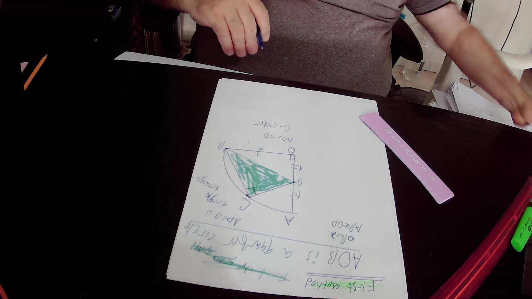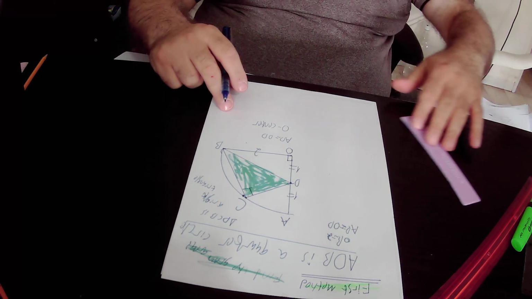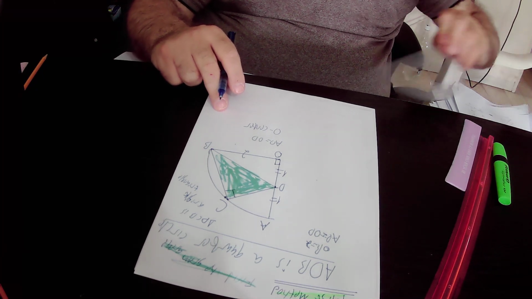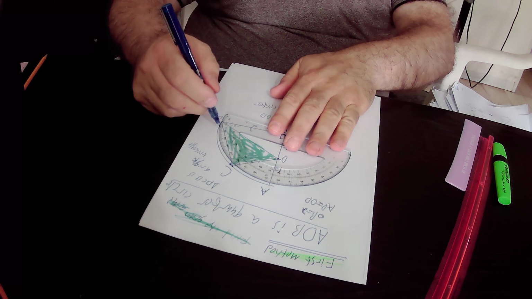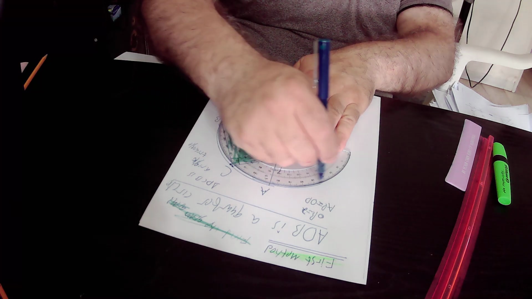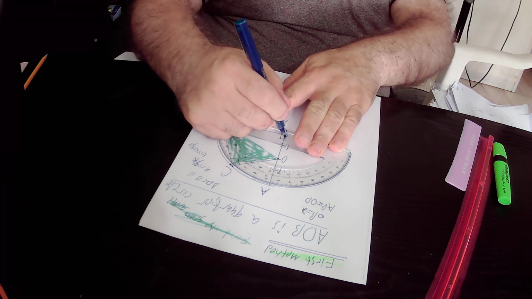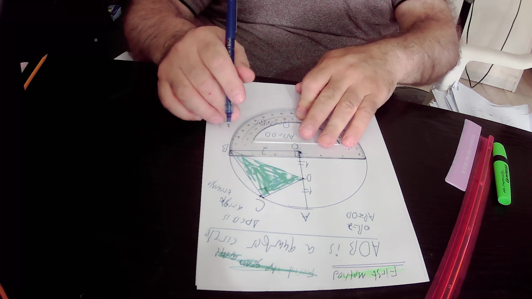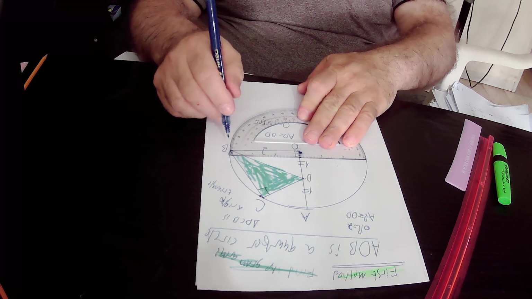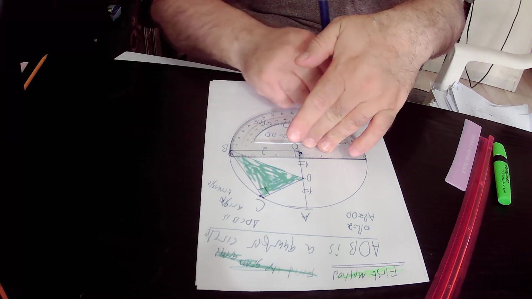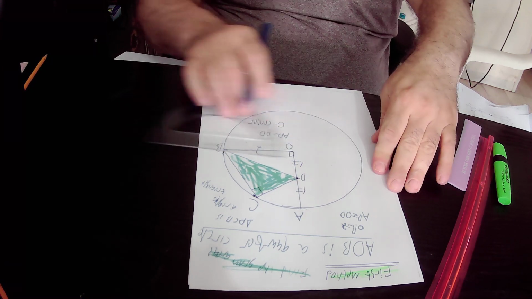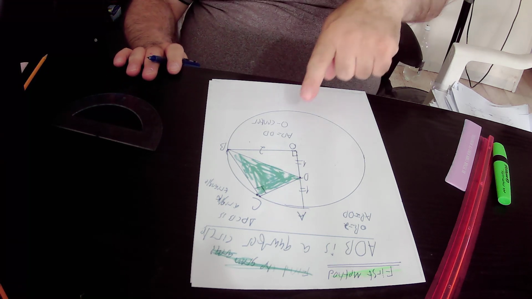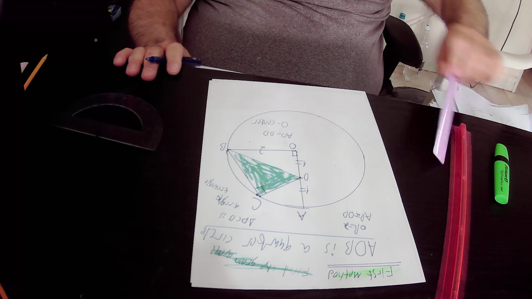In the next step, we'll complete the quarter circle to a circle. And then we'll extend the radius OB by a straight line until it touches the circle.